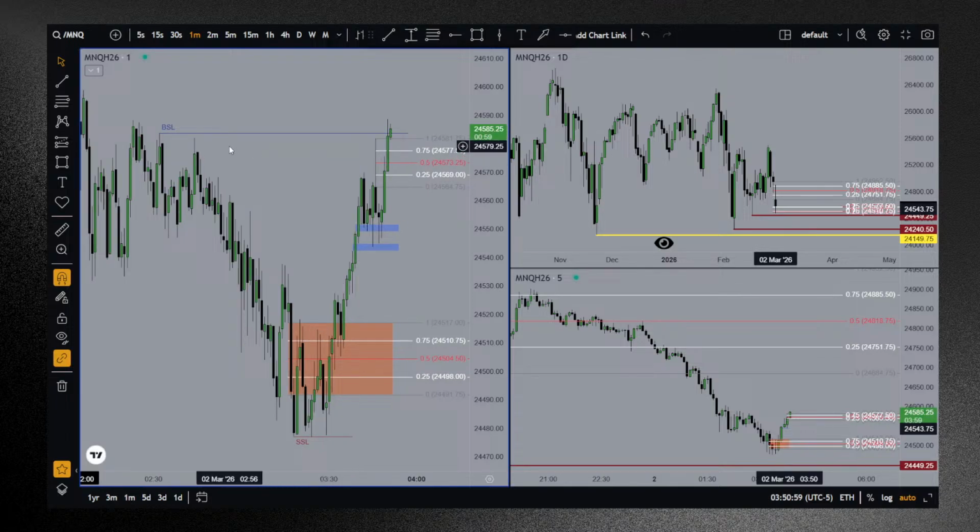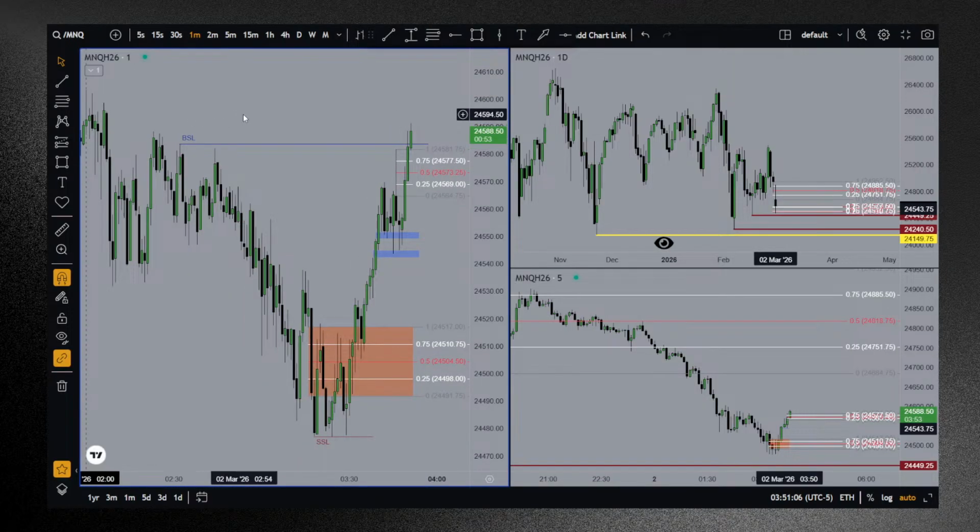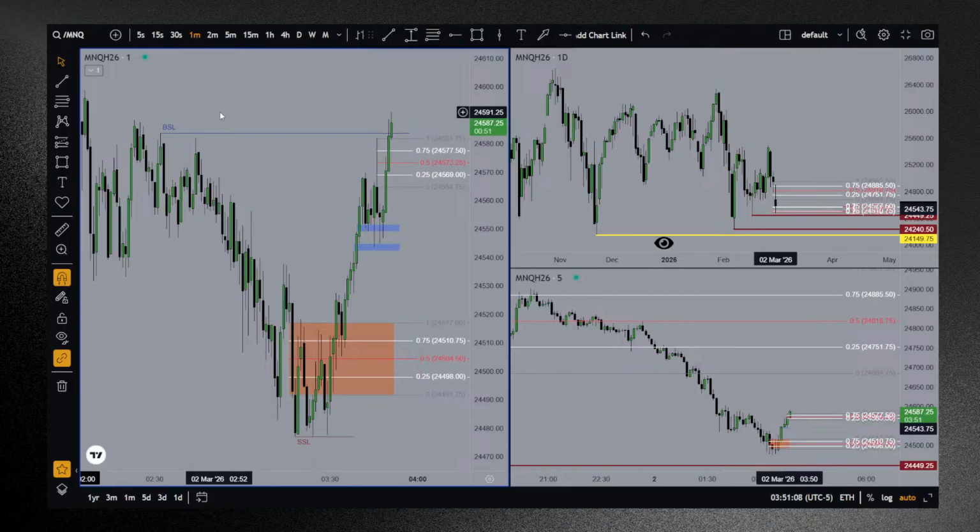Because I'm higher time frame bearish, the preferred next chain of events I would like to see is tap into it, push it like this, and then quickly reject, fail to find any ground above it.